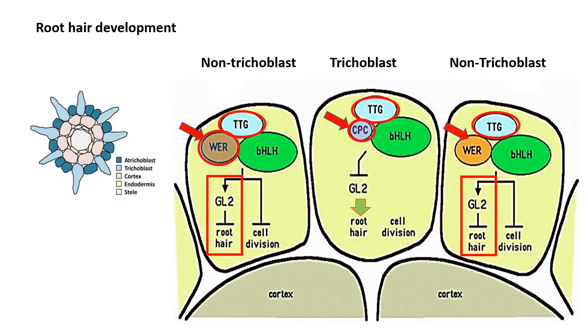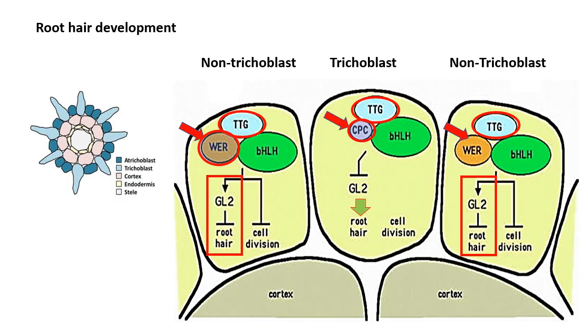Besides CPC and WER, TTG is also known to interact with another basic helix-loop-helix type of transcription factor called GLABRA3, also known as GL3, in regulating GL2 expression. Interestingly, some of these transcription factors are also known to play a role in the development of trichomes in leaves, which we shall see later.